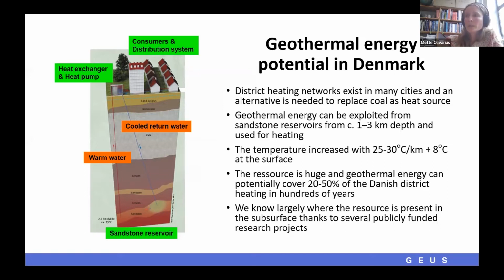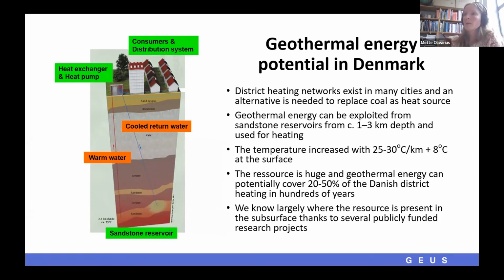So the temperature increases with about 25 to 30 degrees per kilometer in Denmark, plus 8 degrees at the surface. And the resource is really huge. We have made a calculation that the available resource is about 3 times as large as the amount of energy that Denmark has gained from oil and gas production.